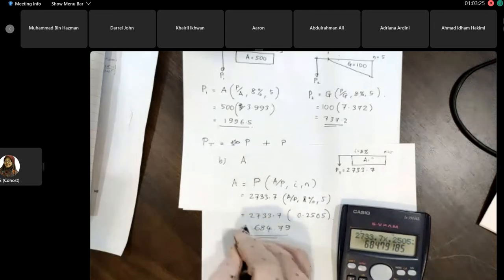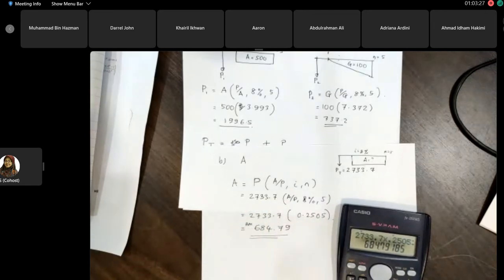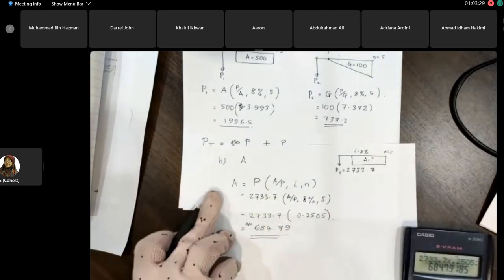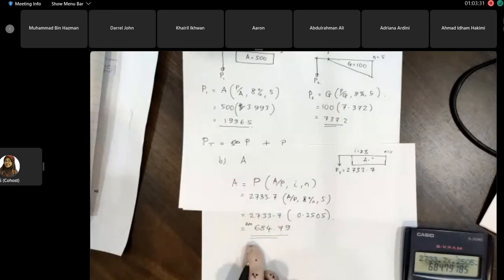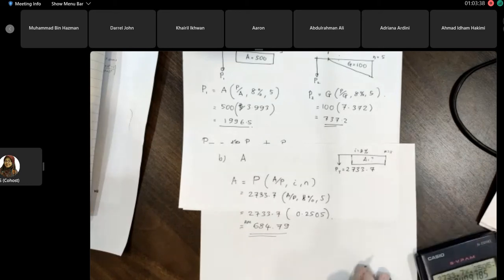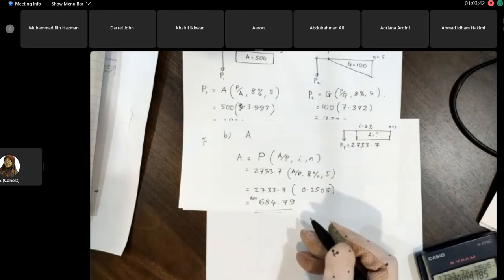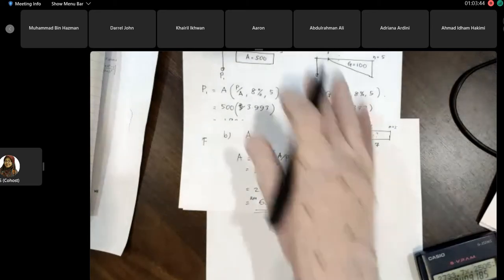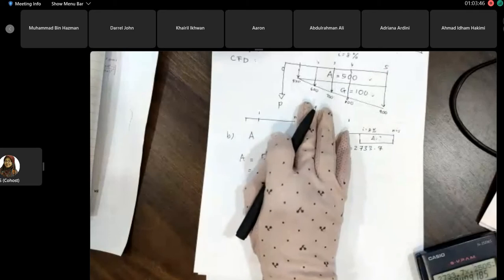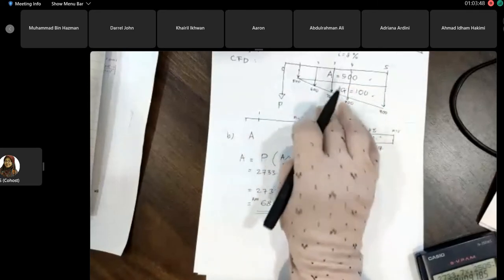Okay. So if you want to make it an average, you have to pay the flat rate of 684 ringgit, 0.79 cent.